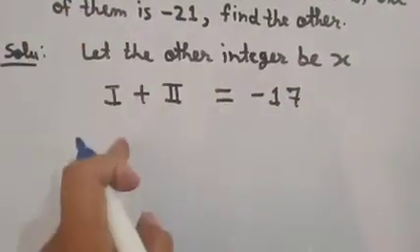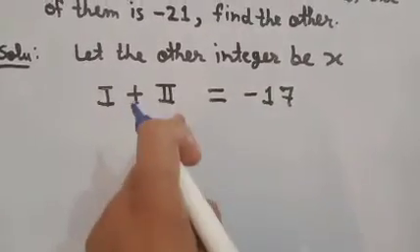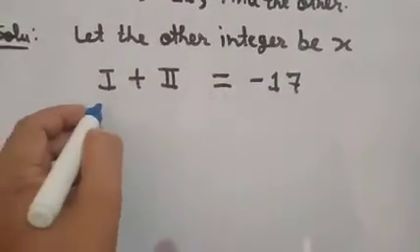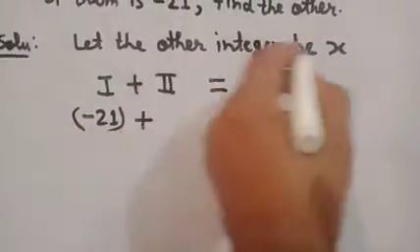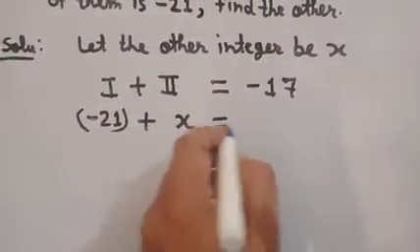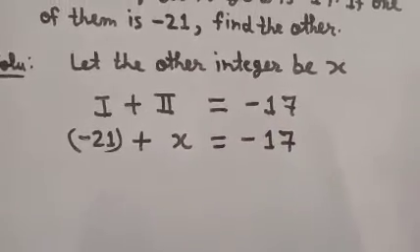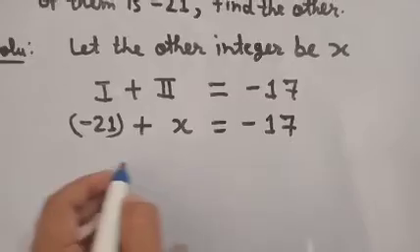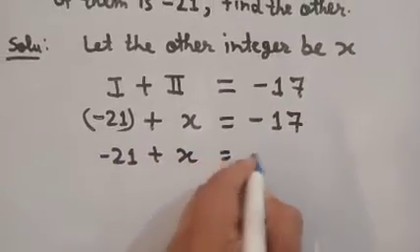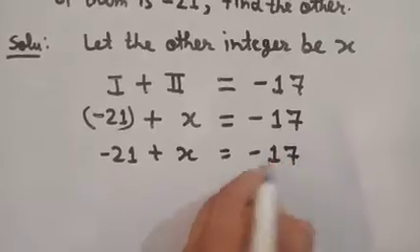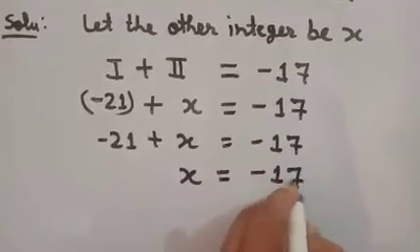If one of them is minus 21, the other one is x. The sum will remain minus 17. Minus 21 plus x is equal to minus 17, and find the other integer.